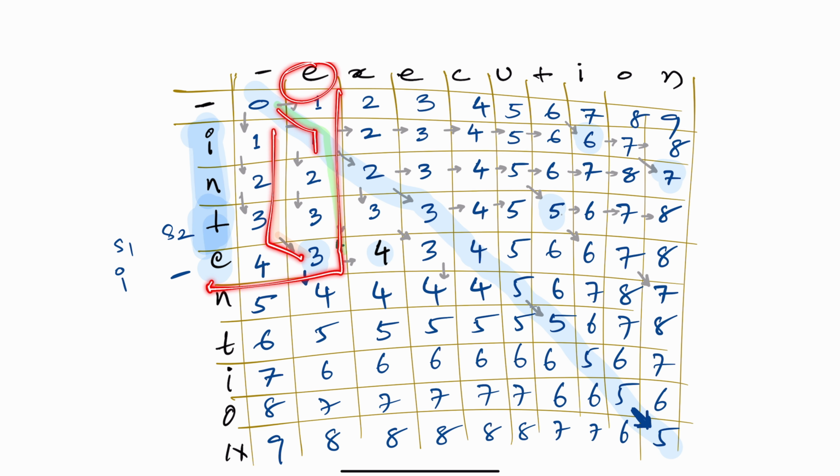If we follow this path, then we require 4 operations. So that's the reason I highlighted this one. Okay, now we'll pay attention. If we go with this path, what operation are we performing, and if we follow this path, what operation are we performing?